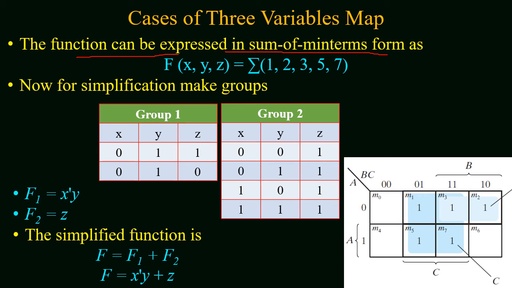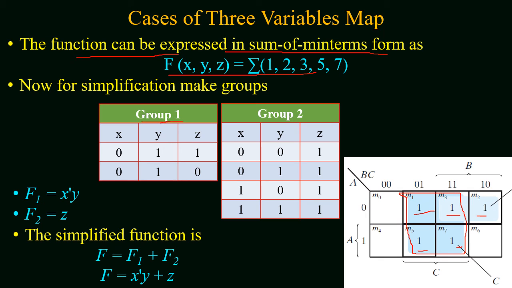For simplification, we will make a 3-variable K-map and place the minterms at 1, 2, 3, 5 and 7 and make groups of adjacent squares. Now here we have two possibilities. The first group will consist of 4 adjacent squares and the second group will consist of 2 adjacent squares.